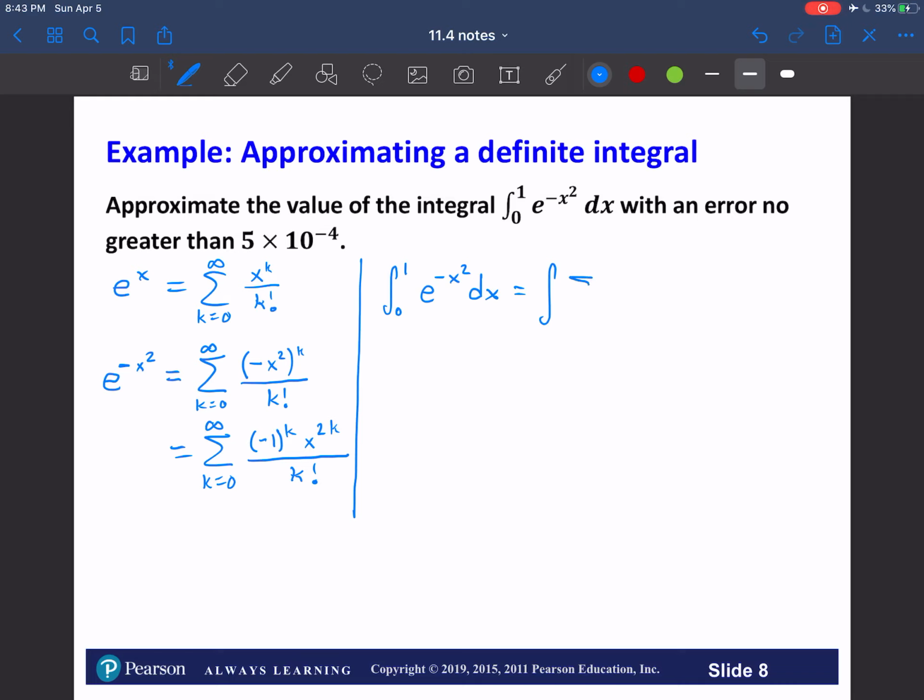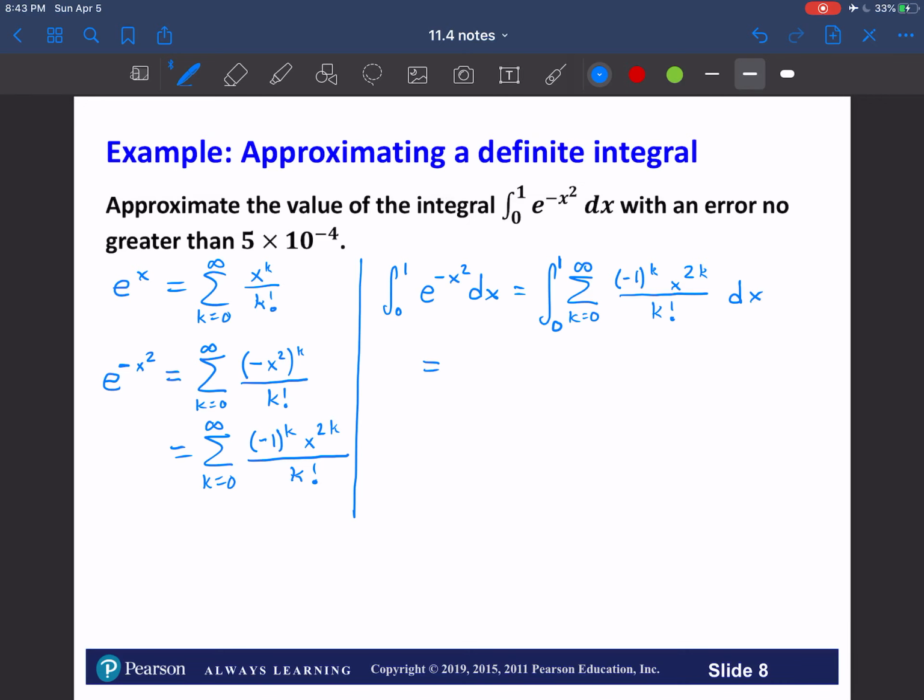And so this is going to be the sum from k equals 0 to infinity of negative 1 to the k x to the 2k all over k factorial. And then there's still a dx here. All right, I should have 0 and 1 as my bounds.